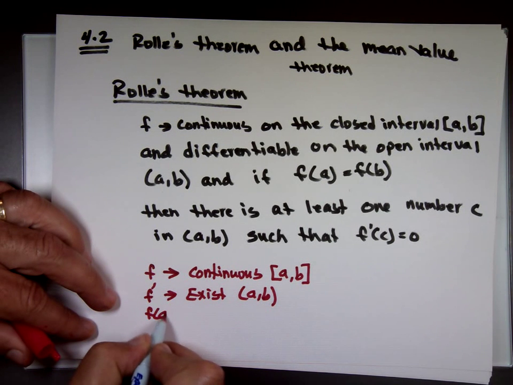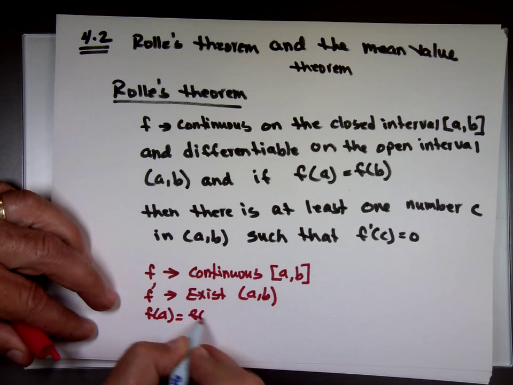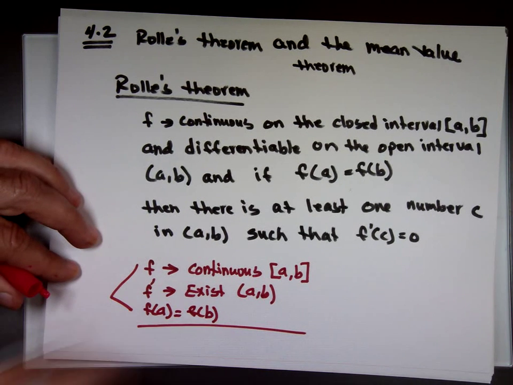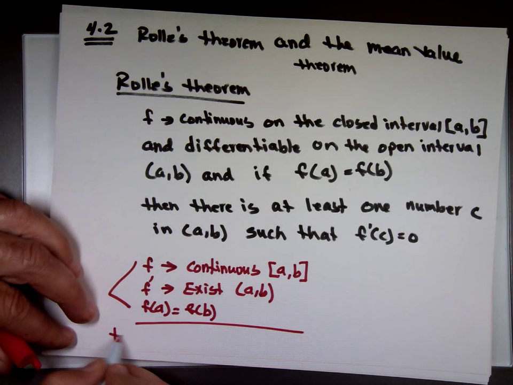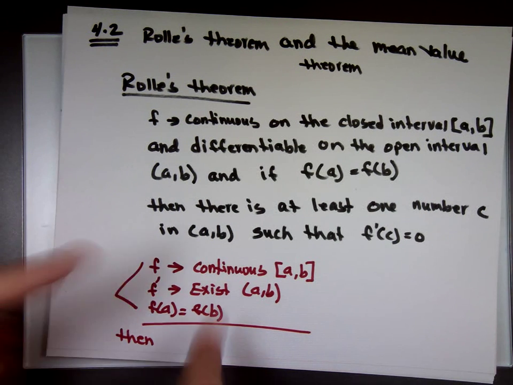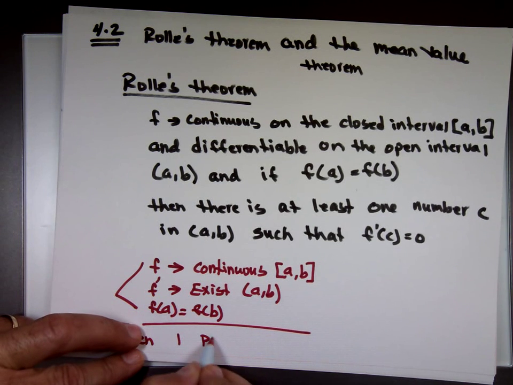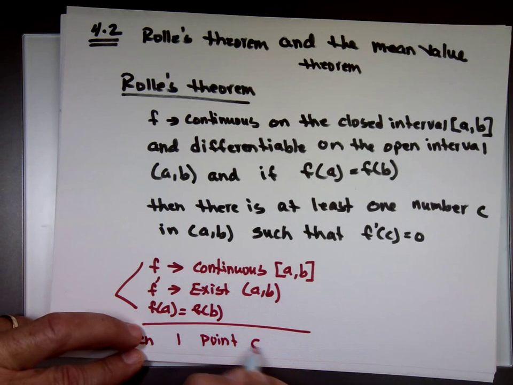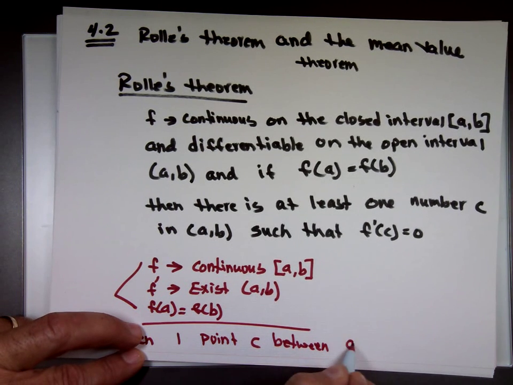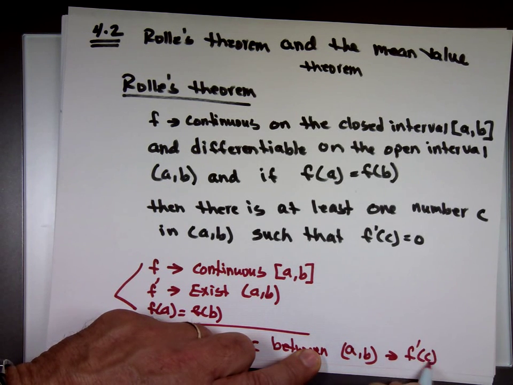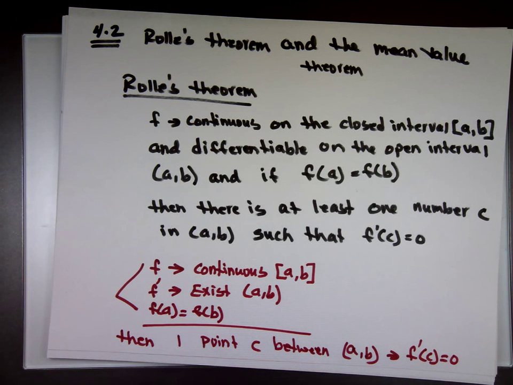F of A has to equal f of B. If all three conditions are true, then there is one point between A and B where the derivative at that point is equal to 0. Has to be one min point or one max.